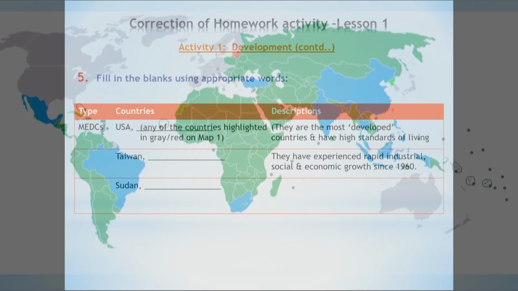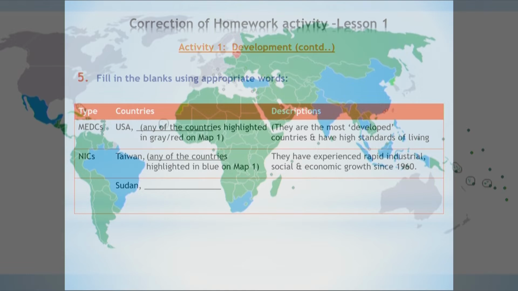Next one, Taiwan, very good. Taiwan is an NIC. It's a newly industrialized country. And any country highlighted in blue. There's not much. If you look at map 1, there are not many of these countries, but those are the ones that are newly industrialized.